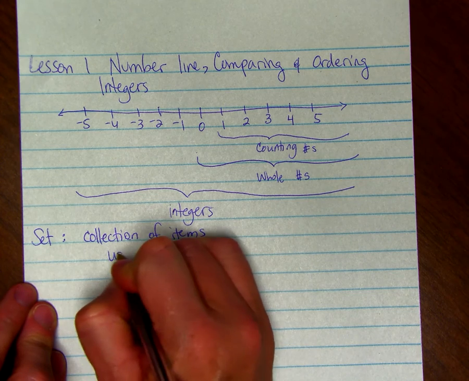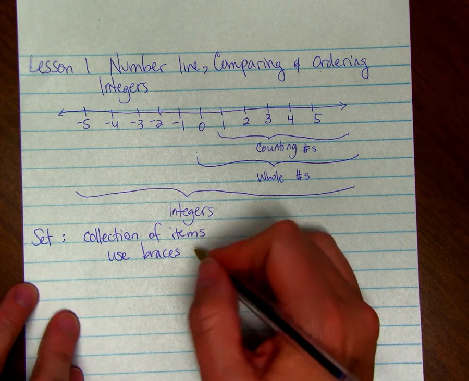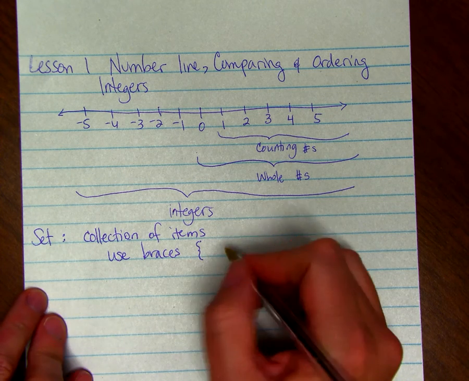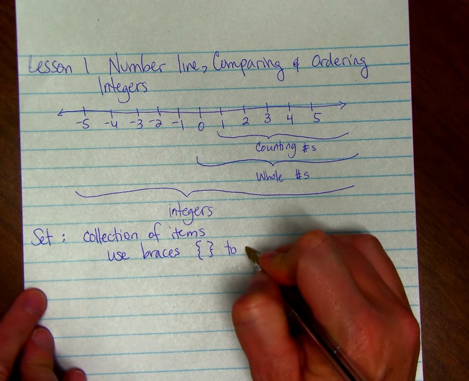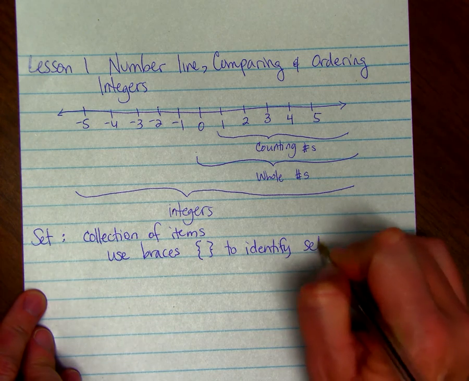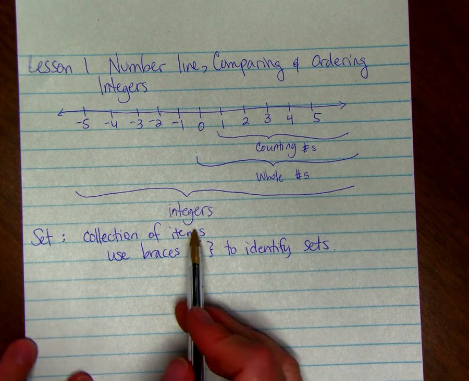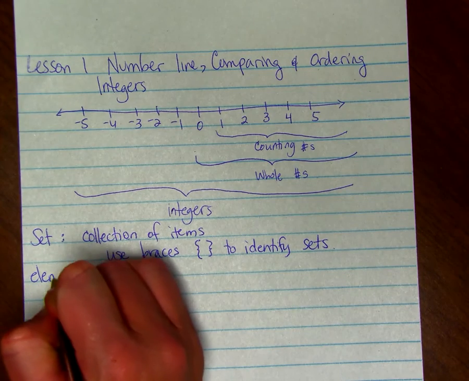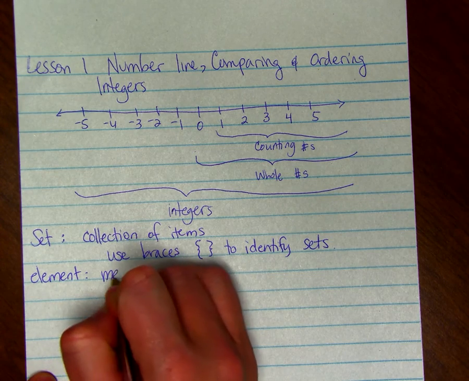We use braces, and if you remember, braces are like the curly parentheses to identify sets. So we put our items from our set inside the braces. An element is just a member of a set.